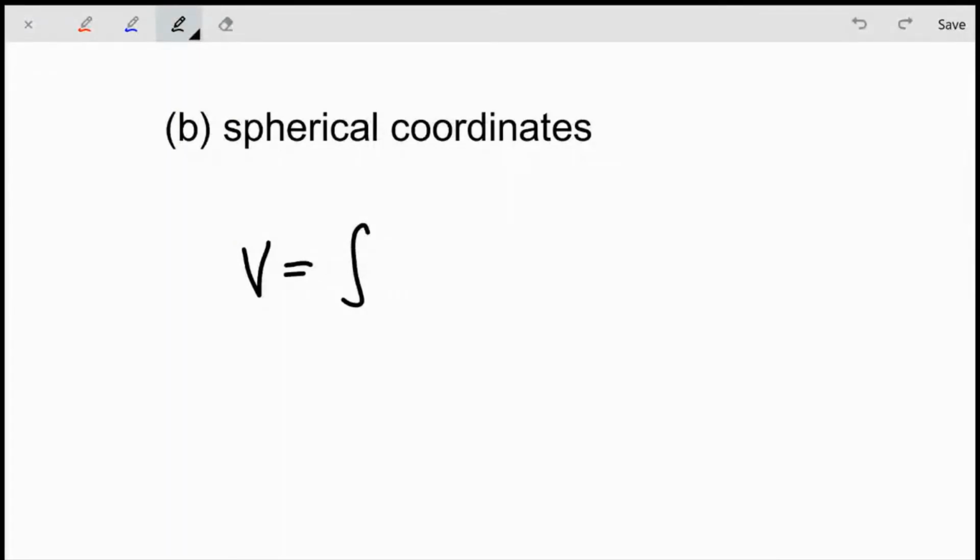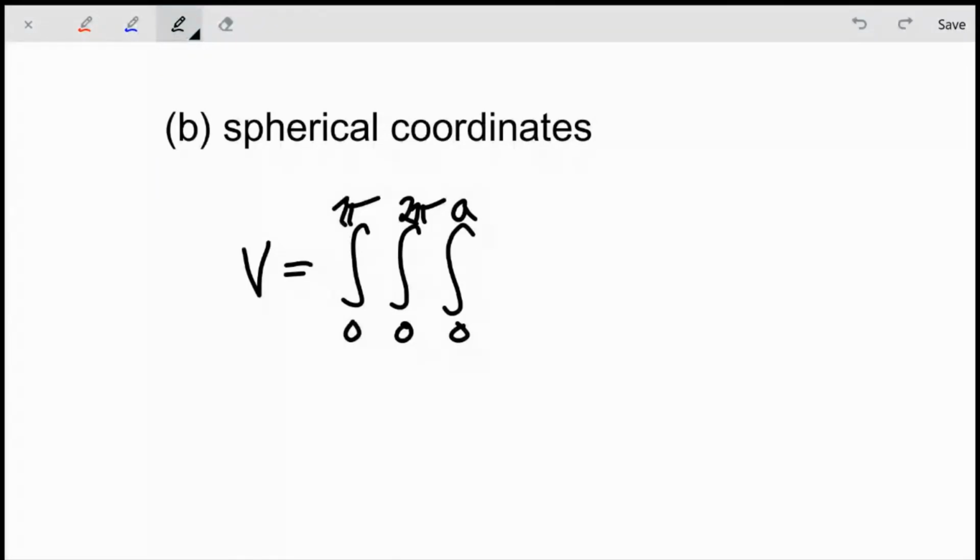From a spherical coordinate perspective, first of all, these limits of integration are going to be very easy because I'm just dealing with a sphere. So my rho is just going to go from 0 to a. My theta, I'm going all the way around the pole or the origin, 0 to 2 pi. And for the phi values, I'm going all the way from the positive z-axis to the negative z-axis. That's going to give me 0 to pi.